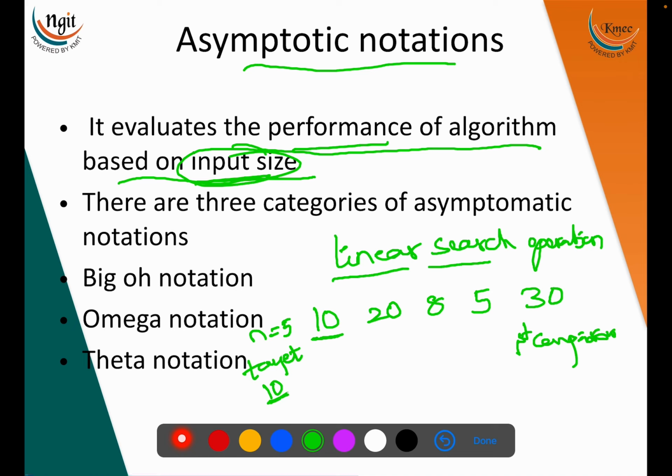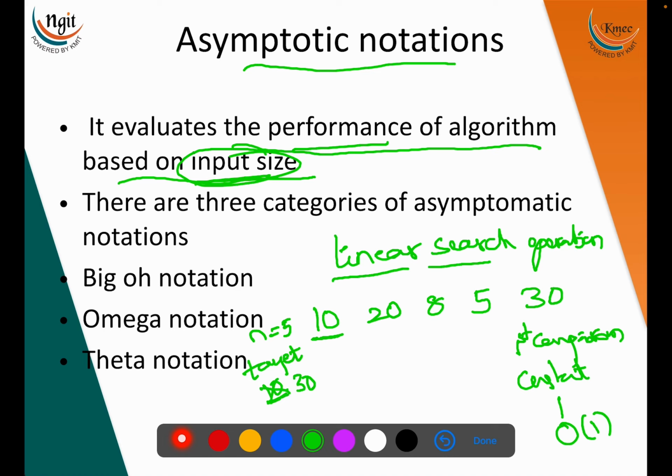To search the element, I need not go through all n elements. So it takes constant time, 1, which is shown with big O of 1. Constant time comparison.